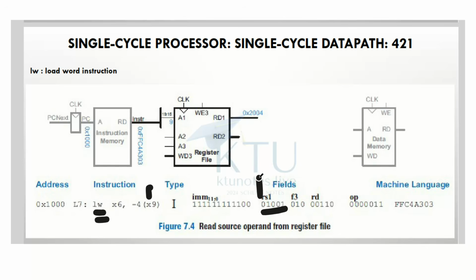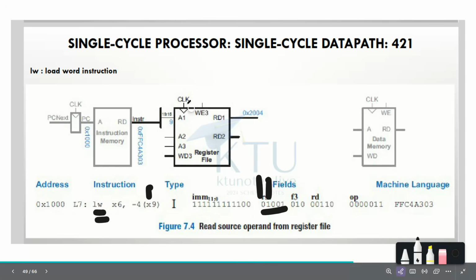Now this is bit 19, then 18, 17, 16, 15. So this many bits, 19 to 15 of the instruction, are given to A1.